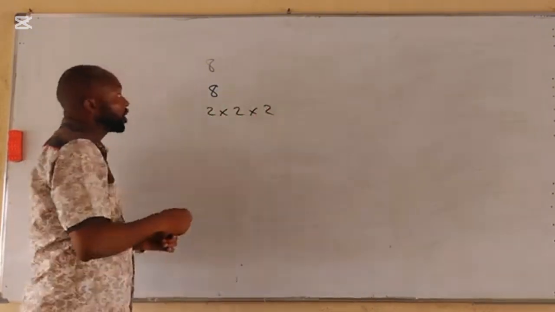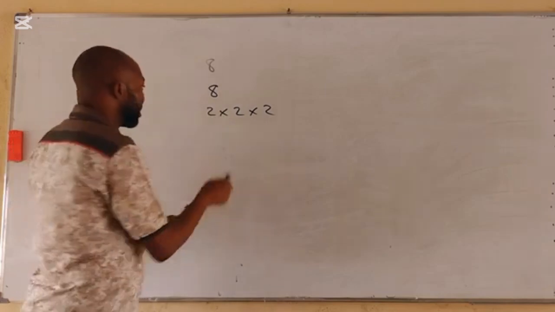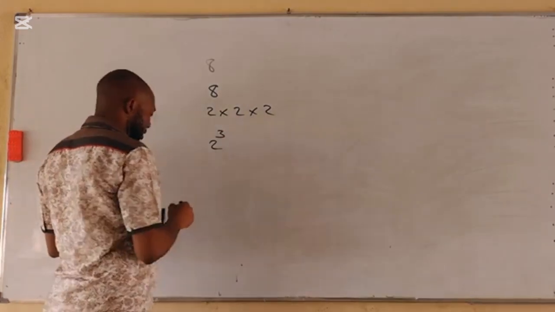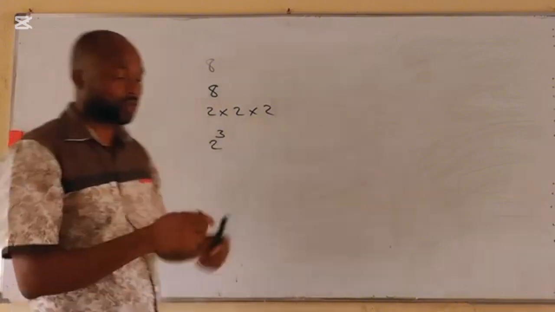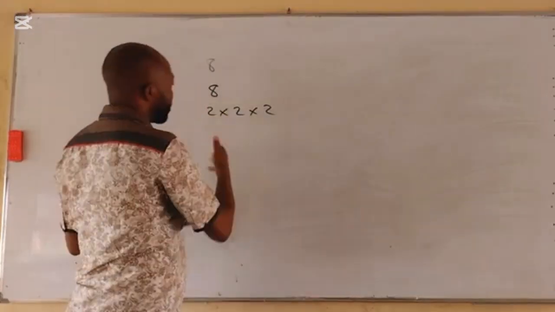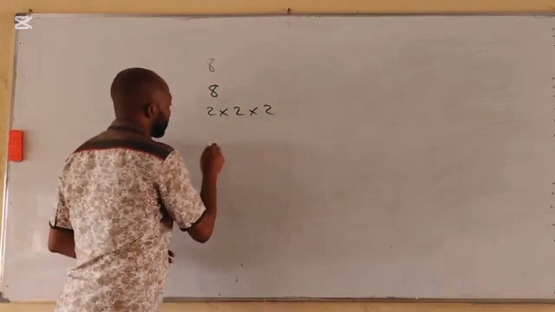So how then can I shorten this? I can easily say there are 3 variables, so this is 2 raised to the power 3. It's a method of shortening the product of numbers. This is a pattern in which we can shorten it, like I showed you earlier, 2 raised to the power 3.